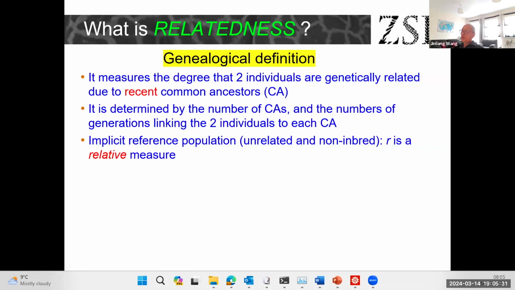The extent of relatedness is determined by the number of common ancestors and the number of generations linking the 2 individuals to each common ancestor. So the closer the common ancestors are to the 2 individuals, the more relatedness. And also, the more common ancestors the 2 individuals have, the more related they are.